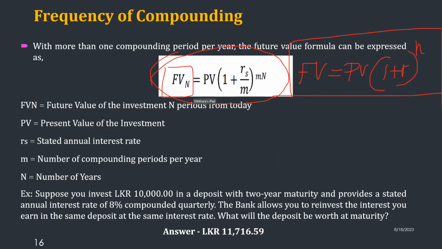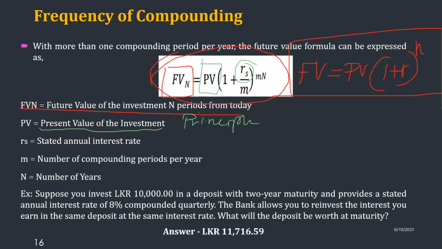Here, FV is the future value of the investment n periods from today, and PV is the present value, the principal investment that we are using for the first investment. And RS is the stated annual interest rate.